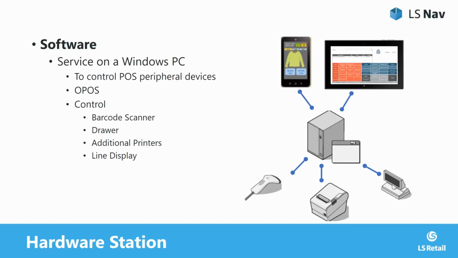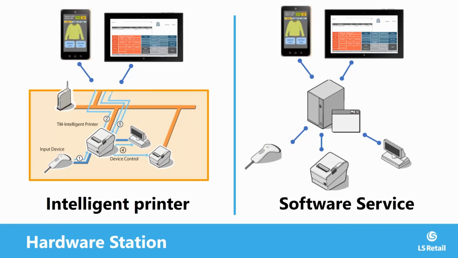And this is, of course, the way we would use in a lower performing POS, using the hardware station to control the device, and then a browser on the device. So recap: we have the hardware solution on the left, the intelligent printer, and the software solution on the right is just a service on a PC that has the devices plugged into it.